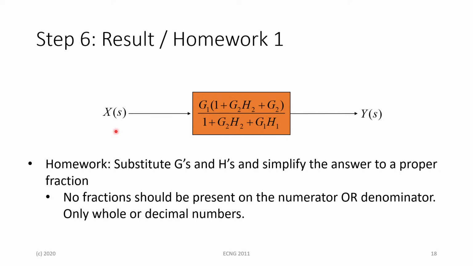For your homework, I'd like you to substitute the G1, G2, H1, and H2 equations that we saw at the start of this problem, and then simplify it down to a proper fraction. There shouldn't be any fractions on the numerator or the denominator. It should only be whole or decimal numbers.